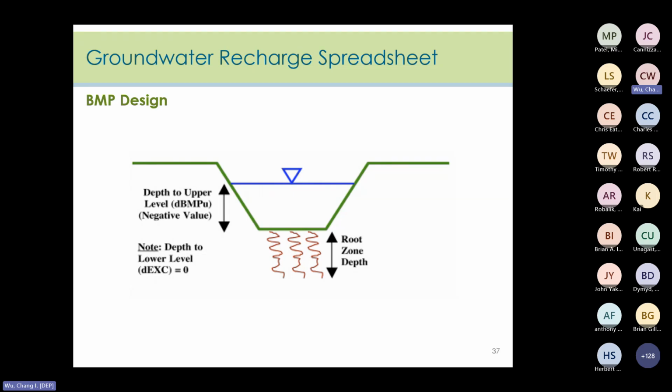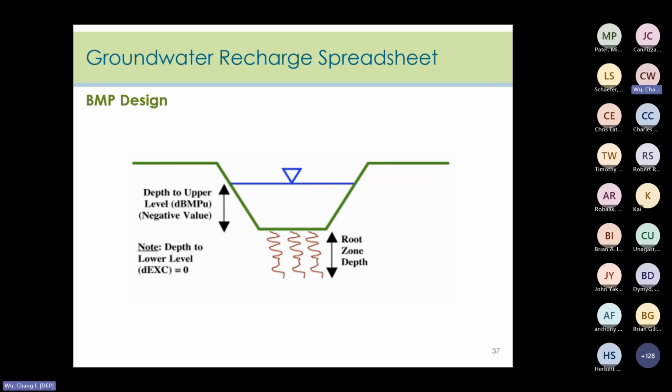The input of dBMPU is the depth to the upper level, the vertical distance from the vegetated ground surface to the maximum water level in the BMP. Because the vegetated ground surface is below the water level, the value is negative, like the figure shows here.